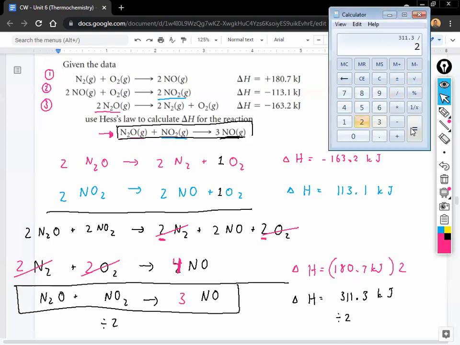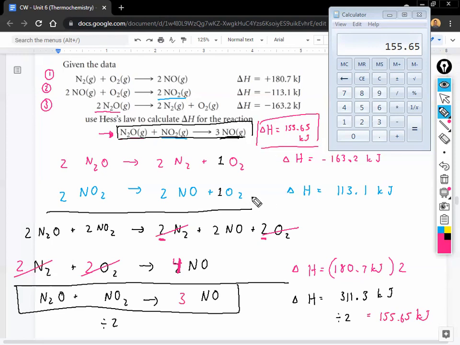And so our final answer, the enthalpy for this reaction right here, is going to be 155.65 kilojoules. So the delta H for this guy right here is equal to 155.65 kJ. Okay, and that is our final answer.